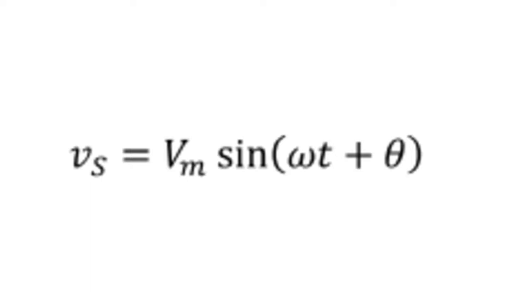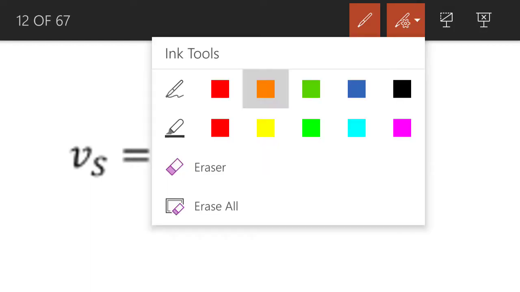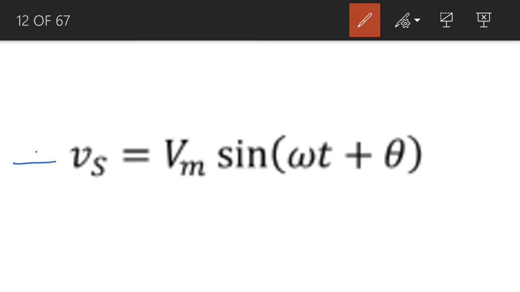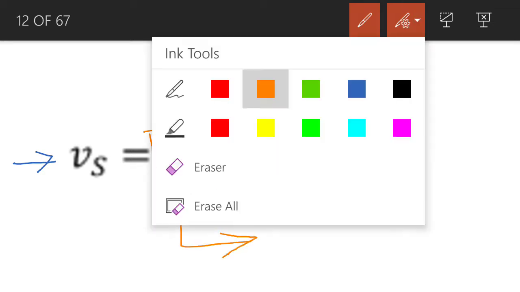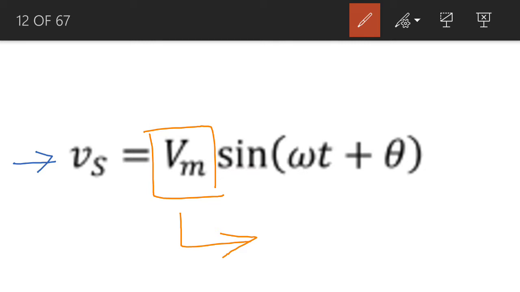You see, this is the general equation for the source voltage, and we know that here is the maximum value of the source voltage, which is unknown yet, and we replace this maximum value of the source voltage by the maximum value of the current into Z, where Z is known as impedance, which is the total resistance offered by our series circuit to the flow of AC current.